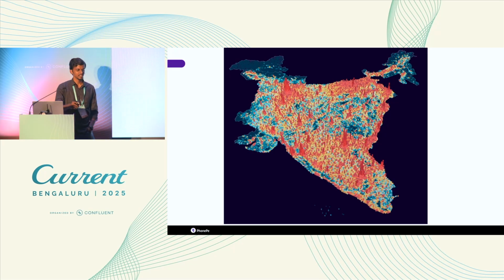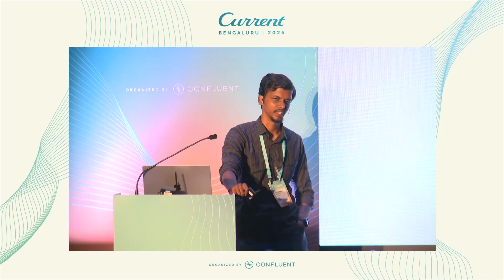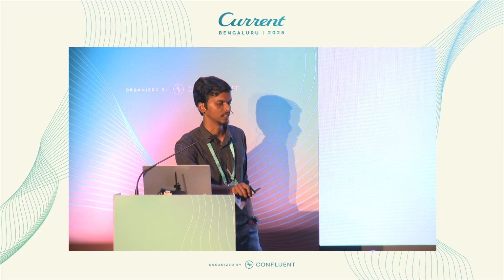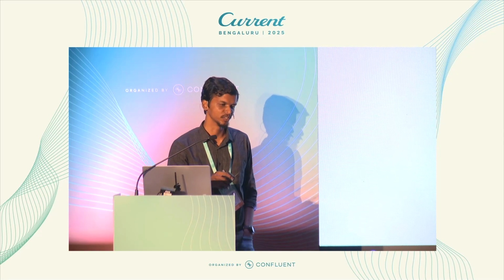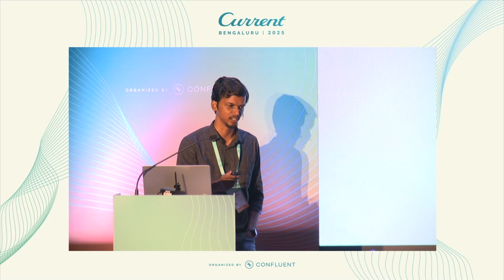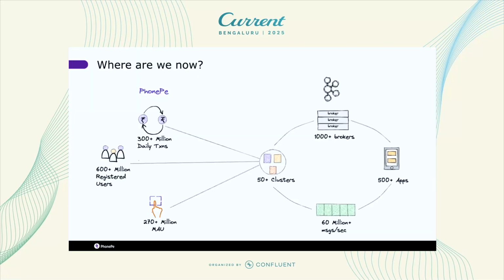This is a transaction heat map, which represents the volume of transactions performed in different geo-hashes across India, just to show you the adoption of PhonePe within India. This covers the last 3-month period. Our solution is used in more than 20,000 Indian cities and towns. Now, this is about our journey.